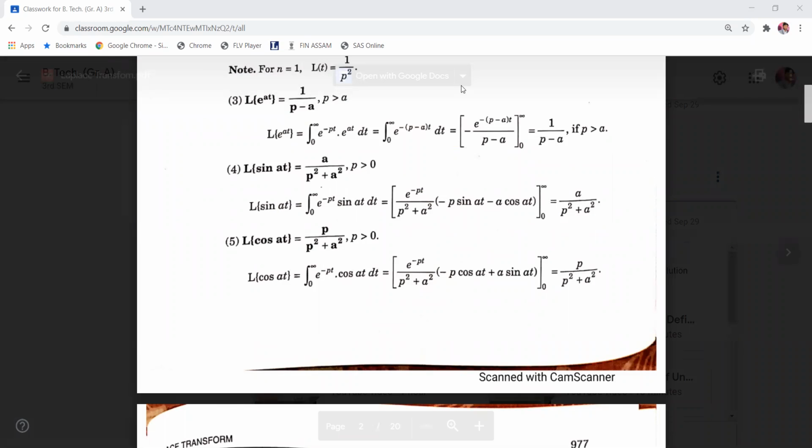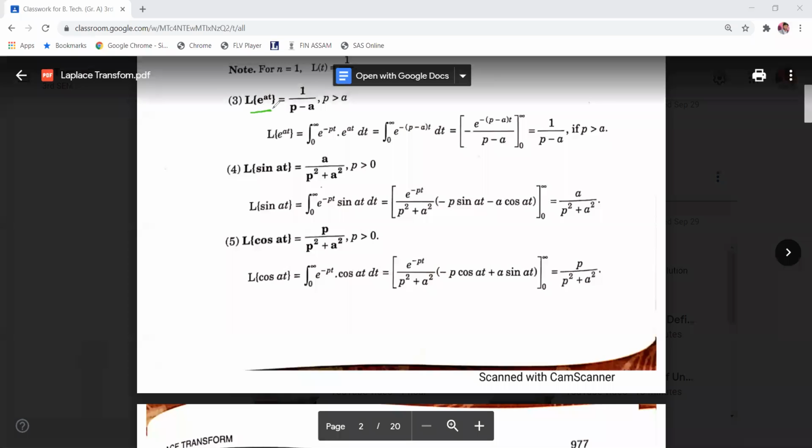Now next is the Laplace transform of e to the power at, where a is a constant. The Laplace transform of e to the power at is nothing but 1 by p minus a, where p is greater than a. The value of p should be greater than a, otherwise if p is less than a, this part becomes negative, and that cannot be.